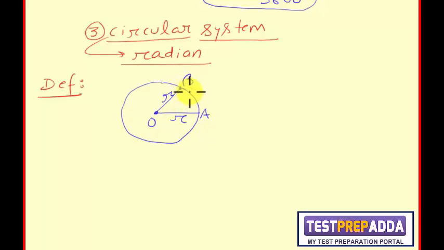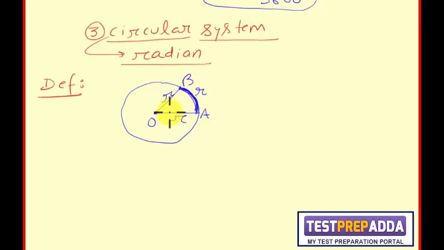Now if I take this arc length, please note dear students, this arc length as r. That means in a circle of radius r, we select an arc of length r.